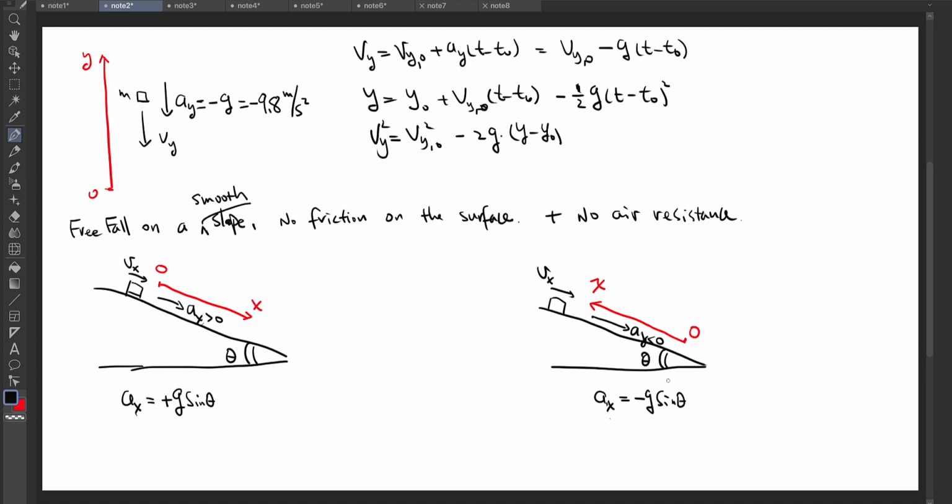So in this case, it obtains a negative sign because the positive x-axis is upward. And then this 1D motion should have exactly the same kind of equation that we have previously in the vertical direction, except that we need to change the previous g to g sine theta. Okay, so that's the only replacement there. All right, so that's the free fall case.